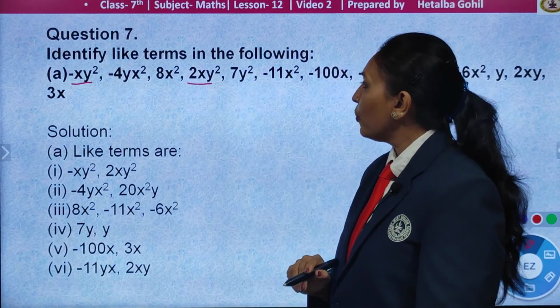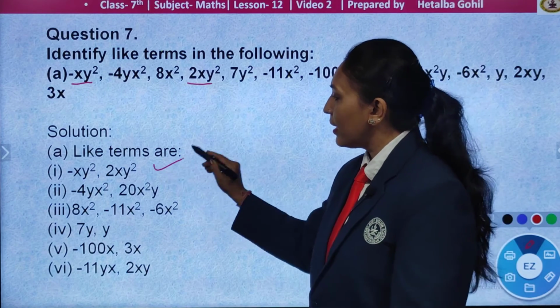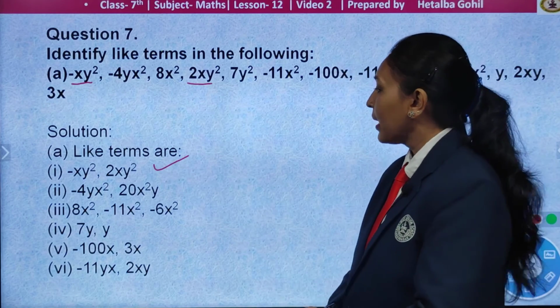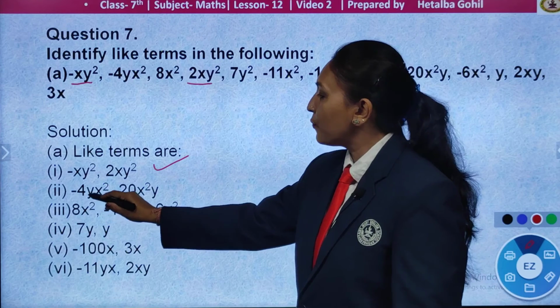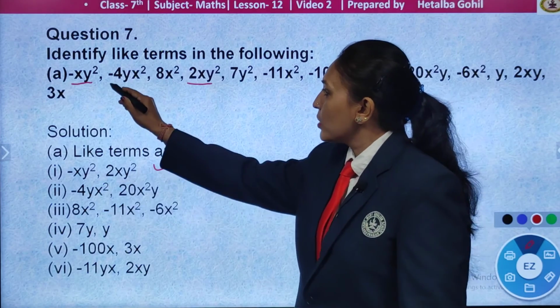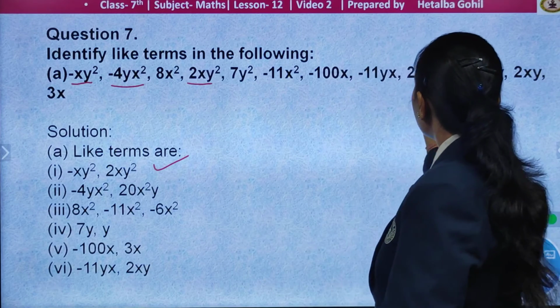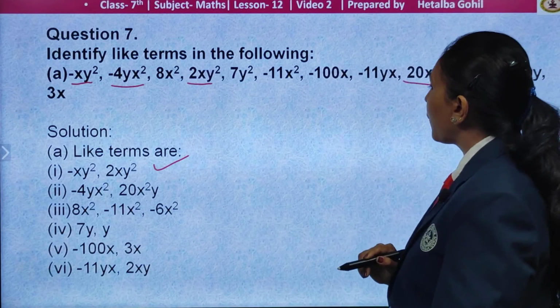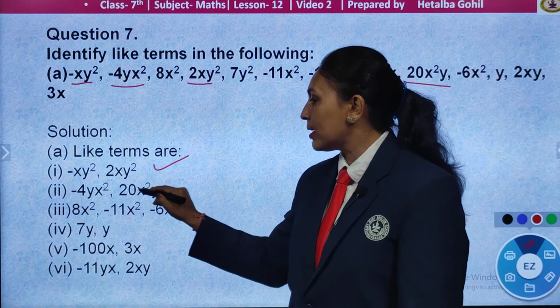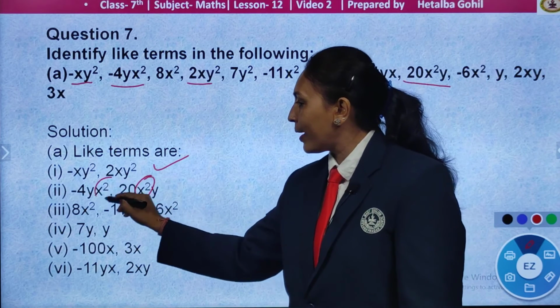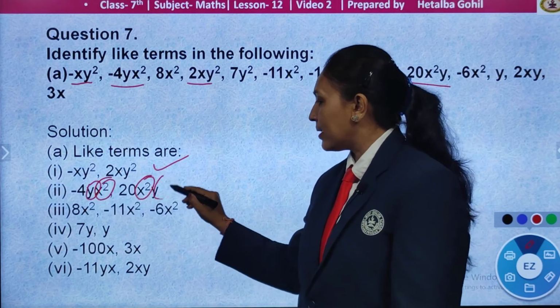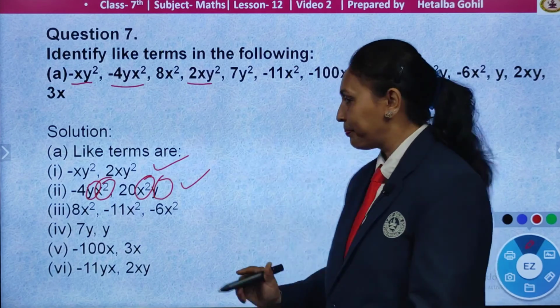Here, 2xy square. So that is our first like term. Secondly, you have minus 4yx square, and next you have 20x square y. As I told you children, the order doesn't matter. X square is there, x square is there, y is there, y is there. That means they are like terms.